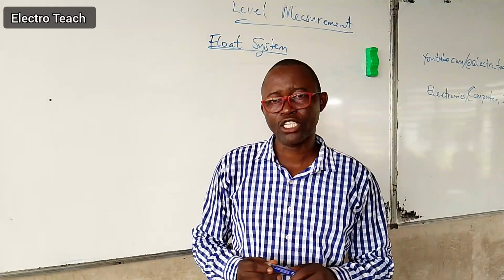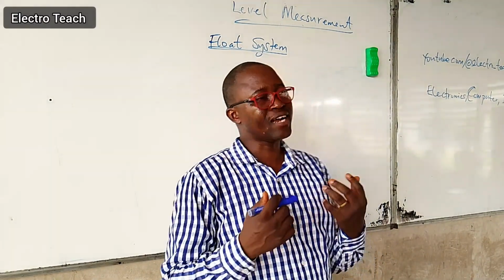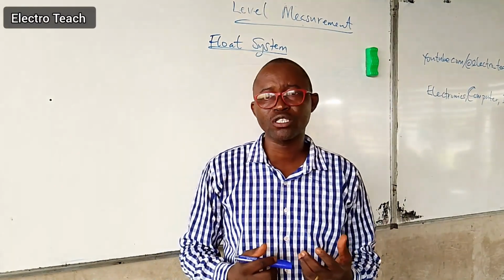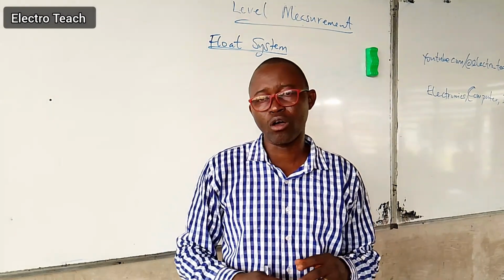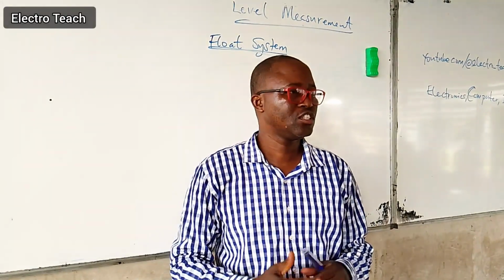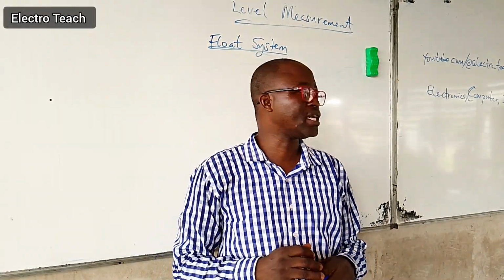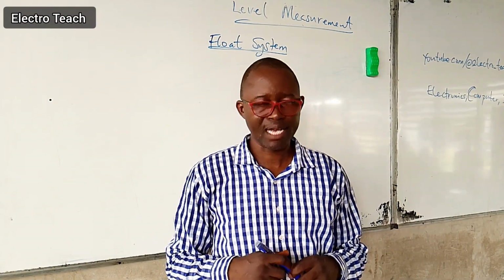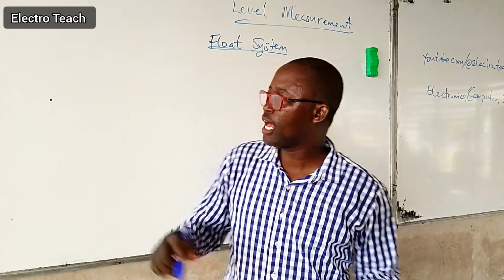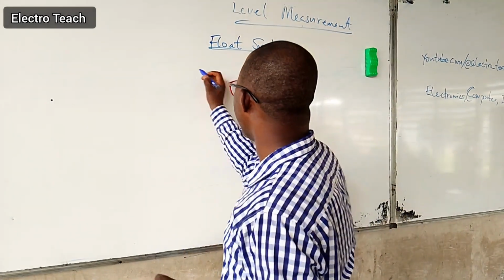You remember what a potentiometric transducer is? A transducer that measures changes in distance, or what we call displacement. Changes in displacement. So that is why they call it a position transducer.